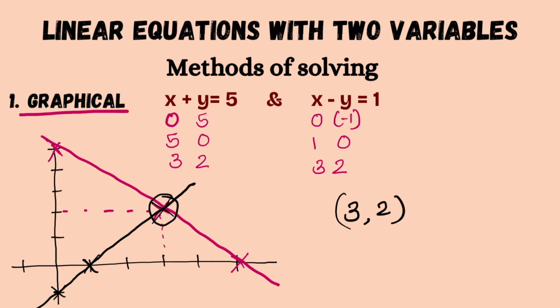That is 3, 2. And that is our solution. This point 3, 2 satisfies both the equations. Let's check it. 3 plus 2 equal to 5. 3 minus 2 equal to 1. Perfect. The graphical method is great for seeing the answer.